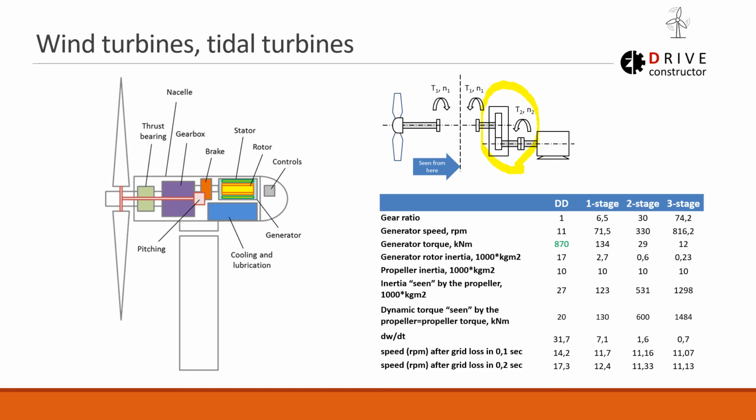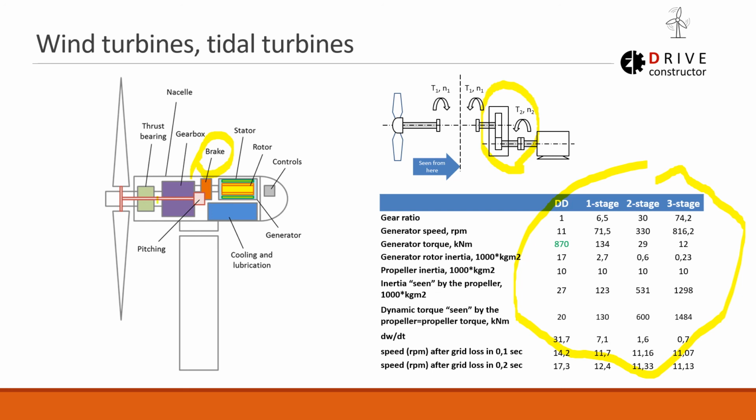And here in this table is just an example of analysis when we choose different gearboxes with different number of stages, and we see what is happening to the inertia and what will be the reaction speed and so on. And it is important where we have the brake in the system. So on this drawing, we have it between the gearbox and the generator, so it is like at the high speed of the gearbox.